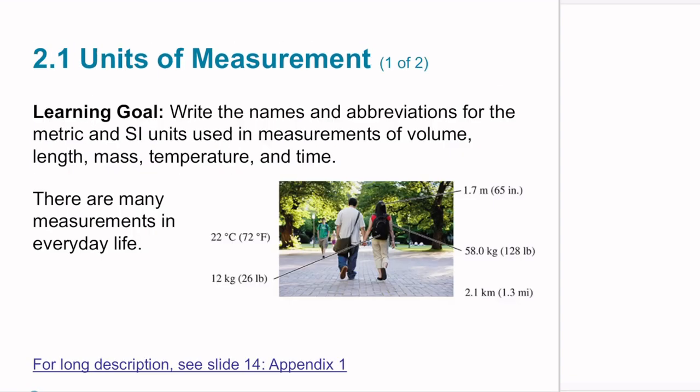In the United States, traditionally, we've used the imperial system of measurement, but the rest of the world primarily uses the metric and SI systems of measurement, which are related. For example, on a nice spring day, many people would report that the temperature is 22 degrees C or 72 degrees Fahrenheit.